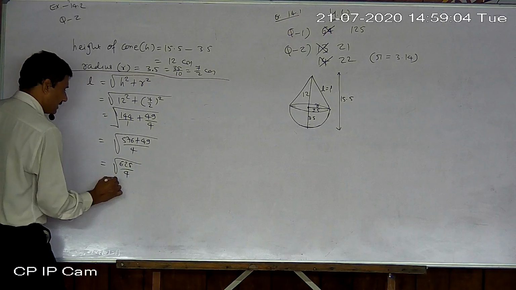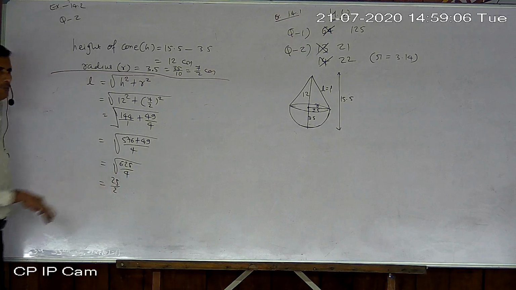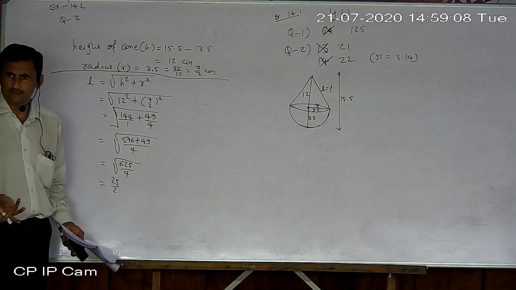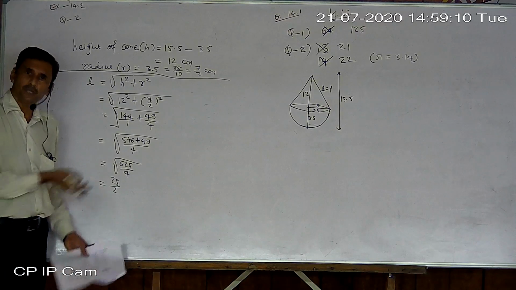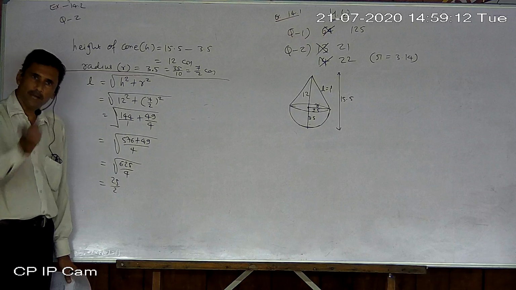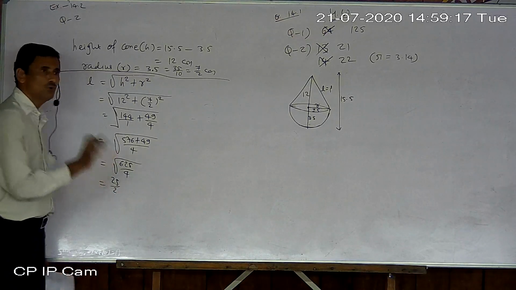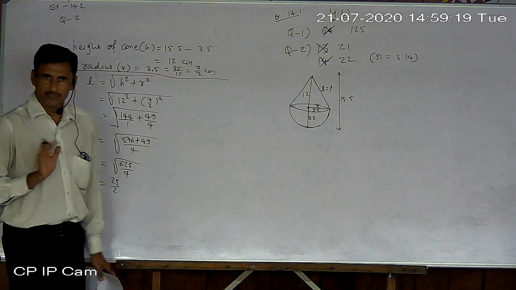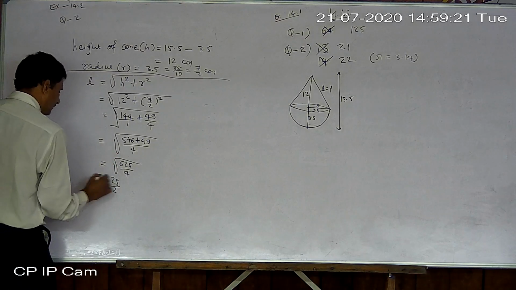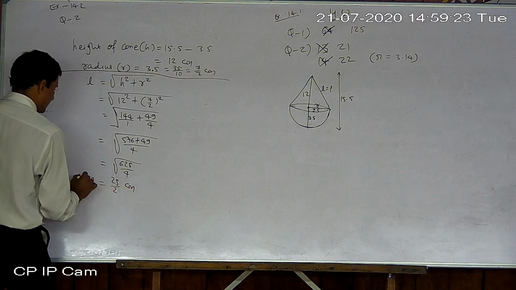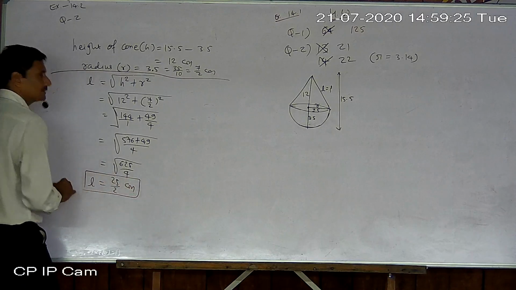So it will be 25 upon 2, otherwise 12.5. But why should we convert to decimal form? We expect fraction only. Only the final answer you should give in decimal form, if it is like 2 upon 5 as given there. So we found L equal to 25 by 2 centimeters.